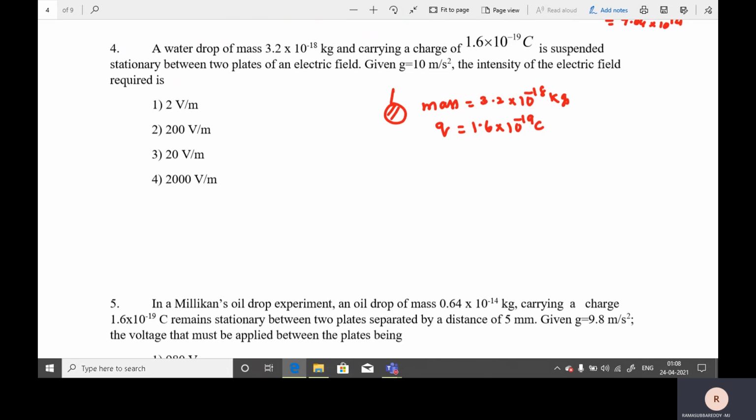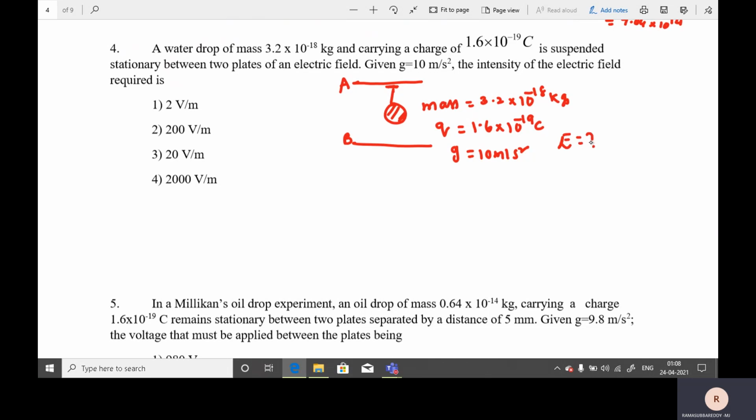Now this is suspended in between the two plates of an electric field. Let us assume this is one plate and this is another plate, two plates of electric field, given g is 10 meter per second square.